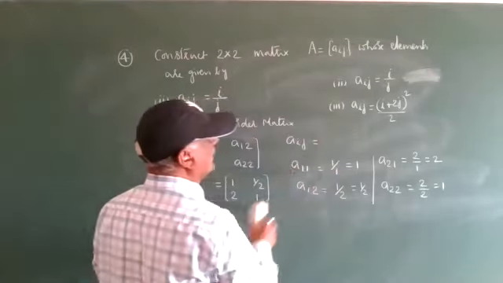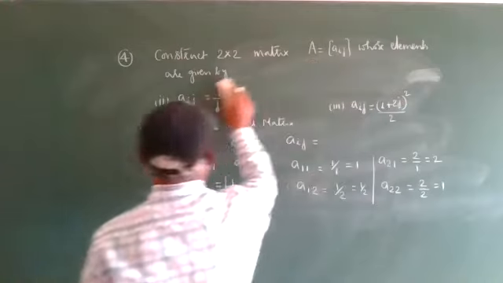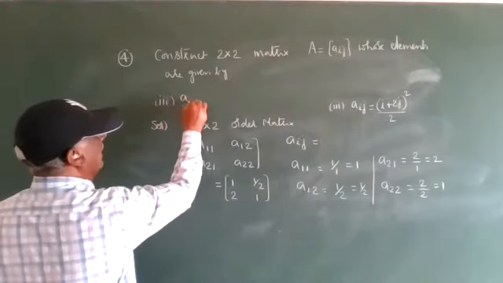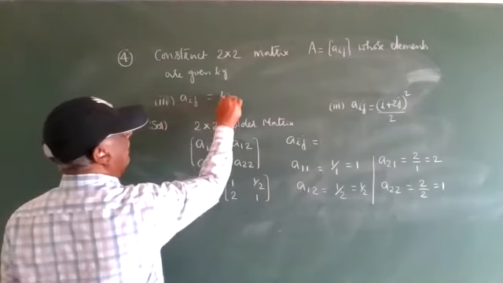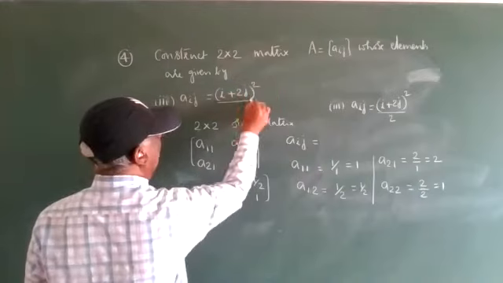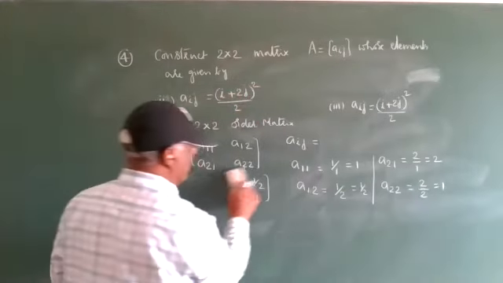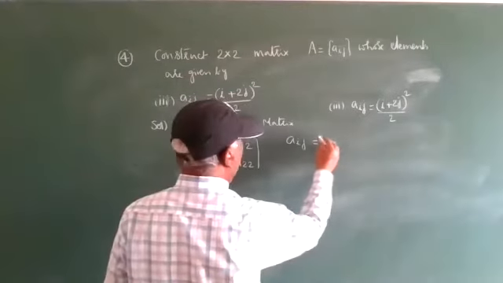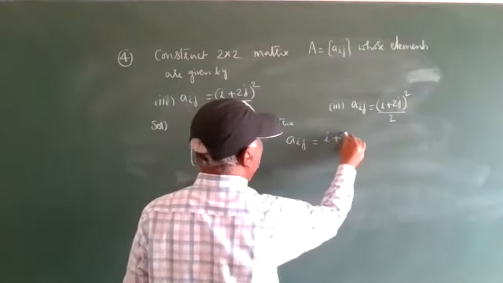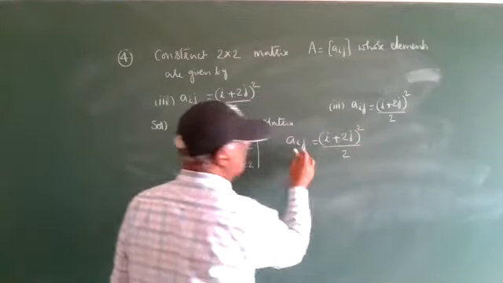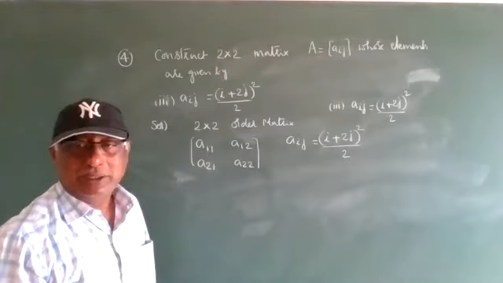Everyone write down the third bit: Aij is (i plus 2j) whole square by 2. The first element is i, the second element is j.